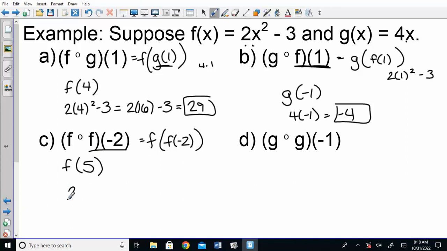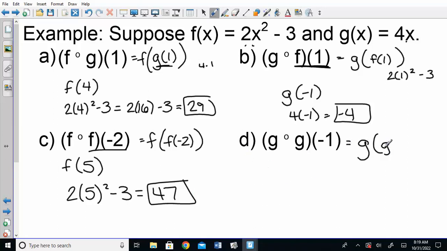And then I put a 5 back into f. So 5 squared is 25, so times 2 is 50, minus 3, 47. This seemed a lot easier. Good.